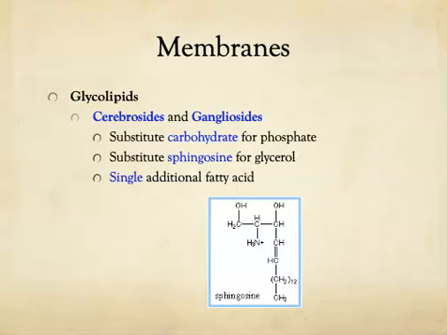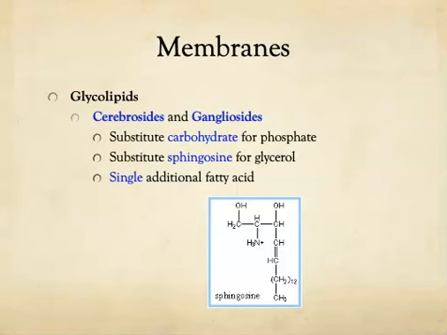So remember, we would normally expect a phospholipid to have glycerol and phosphate in the head and two fatty acids as tails. In a glycolipid, the carbohydrate that gets added is actually going to substitute for the phosphate group. So we're going to remove the phosphate group and substitute carbohydrate instead.